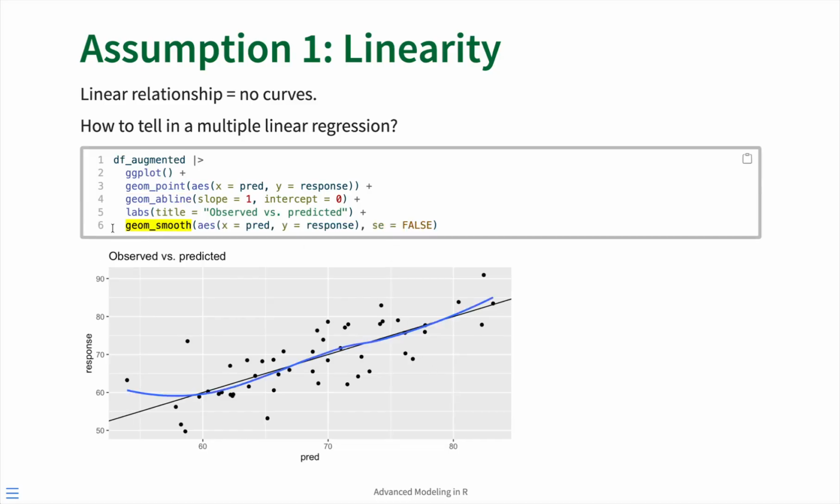To help us further, we can add a trend line using the geom_smooth function, and this will show not a linear model, but a curved trend line through the center of the data in different parts of the graph. And what we ideally want to see is that this more or less follows the linear trend line in black, like you can see in this example here.